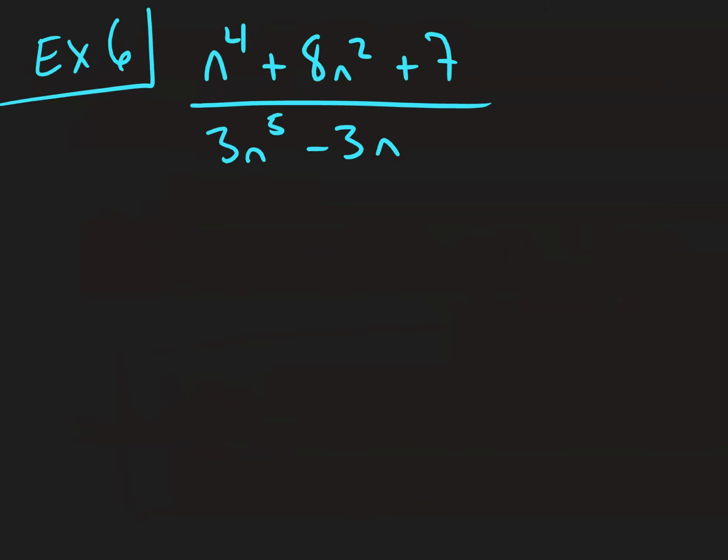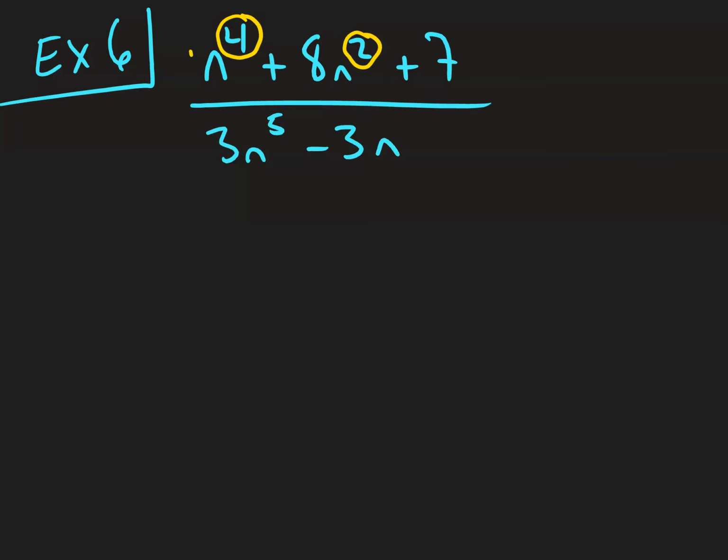Our sixth example is involving some polynomials of higher degrees that must be factored first. So in this example, we're looking at n to the fourth plus 8n squared plus 7. Degree 4 polynomial, but it's actually a hidden quadratic. Since the degree of the polynomial is twice the middle term of our trinomial here, I know that this is really a secret quadratic.